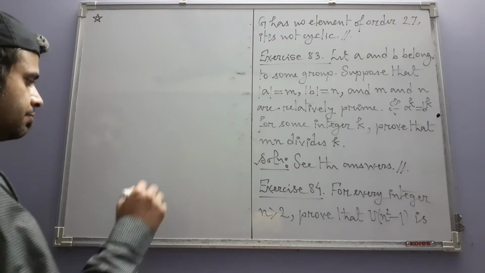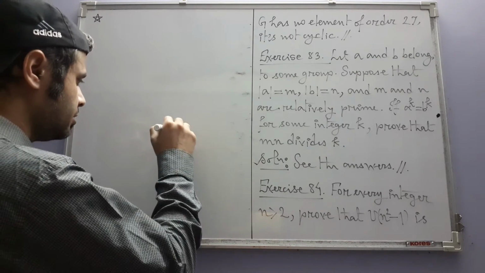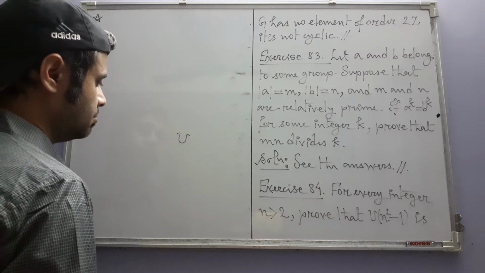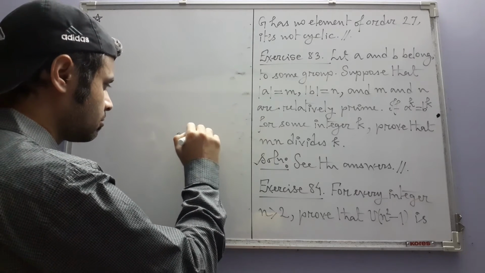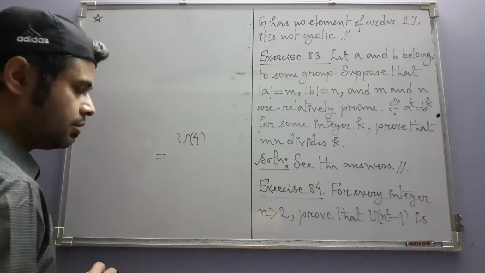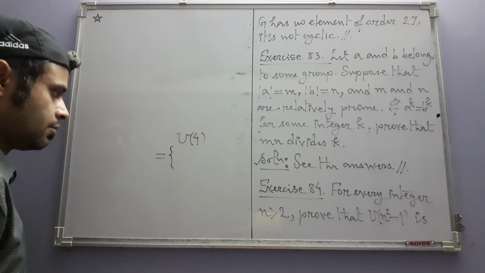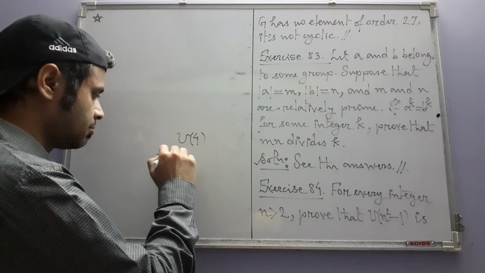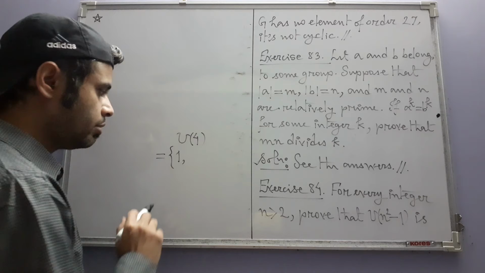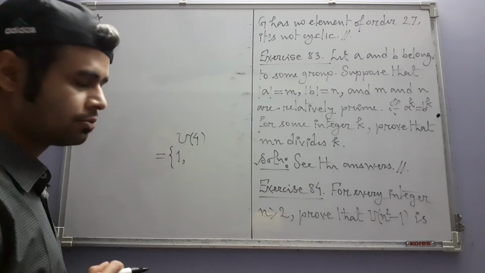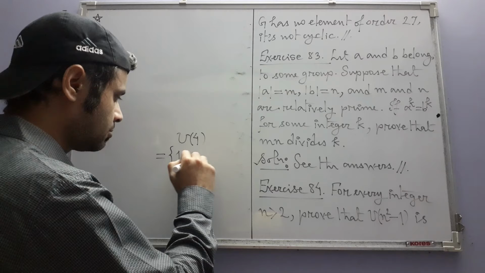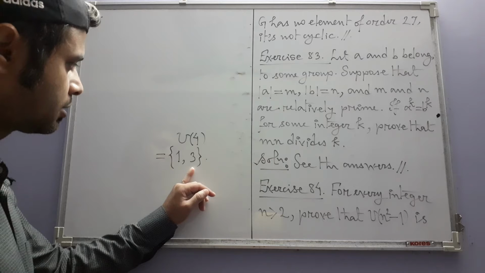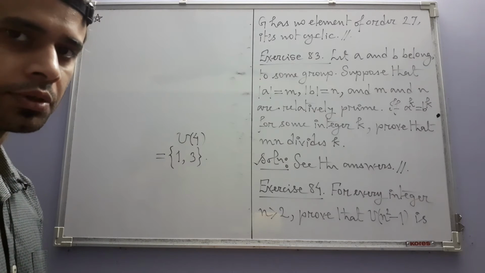Okay, for example, not U(n square minus 1), in general I am saying U(4), the elements in U(4) are the positive integers less than 4 and relatively prime to 4. 1 is there, 2 is less than 4 but 2 is not relatively prime to 4, so 2 won't be there, 3 is there, and here the operation is multiplication modulo 4.